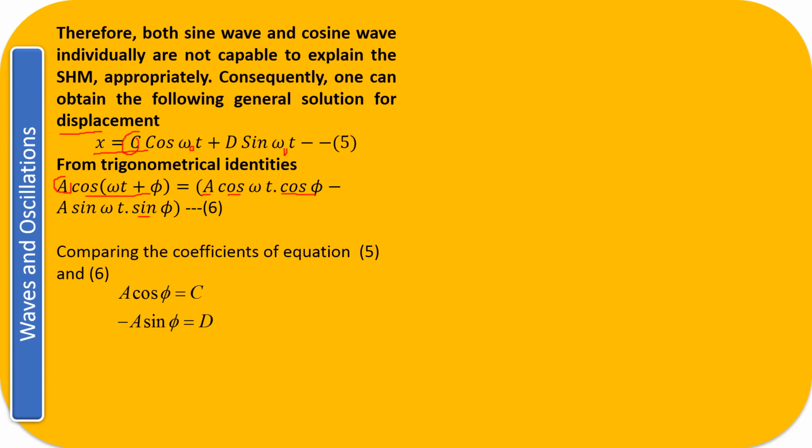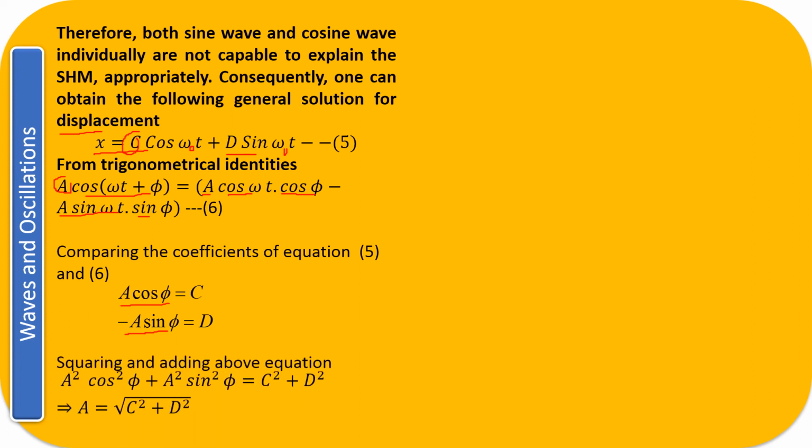So comparing the coefficients, a cos phi is equal to c, and similarly a sin phi is equal to d. In equation number 5, we can say minus a sin phi is equal to d. So these are the coefficients that we have equated from equation number 5 and equation number 6.